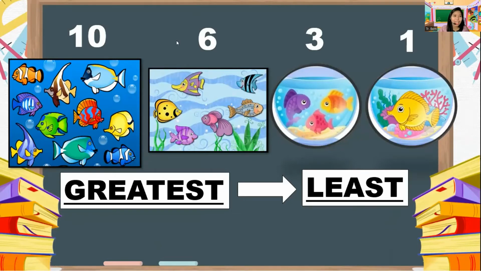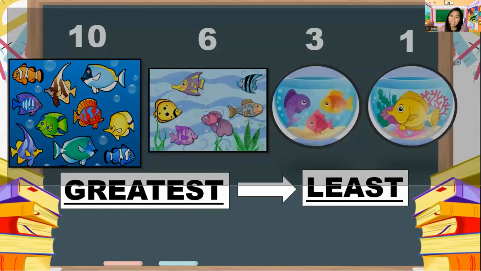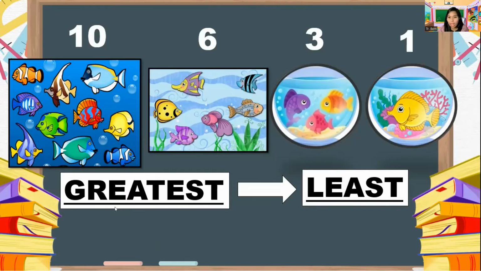Because 10 is the greatest number among them. So 10, after 10 is 6, 3, and then 1 is the smallest number. So these sets that we have here are arranged from greatest to the least or the smallest number.